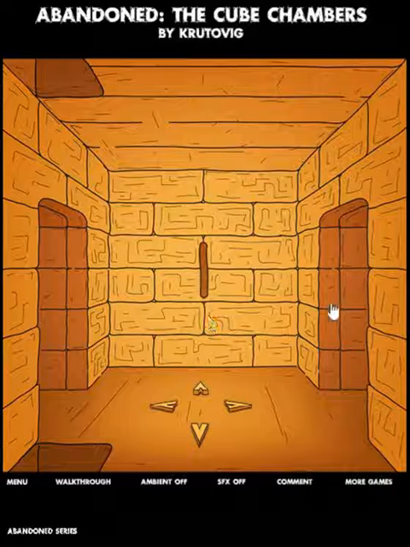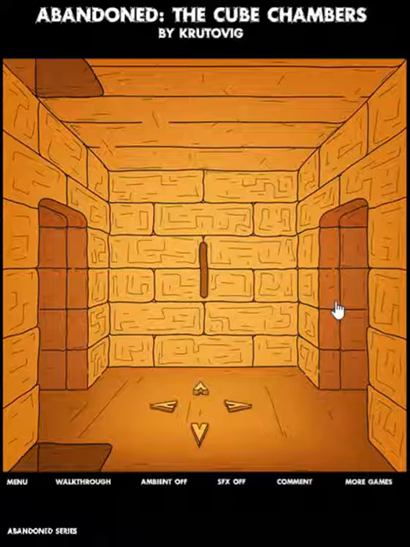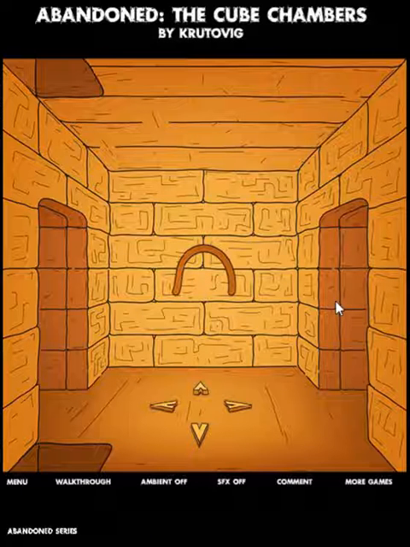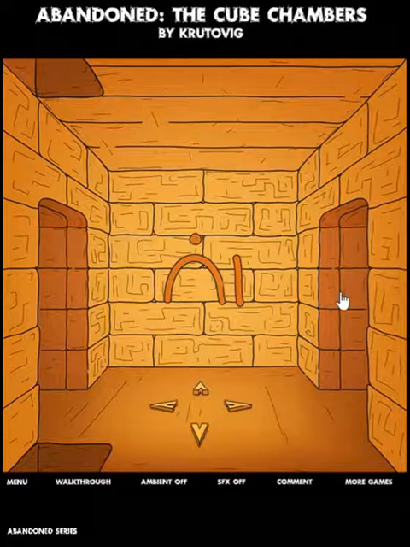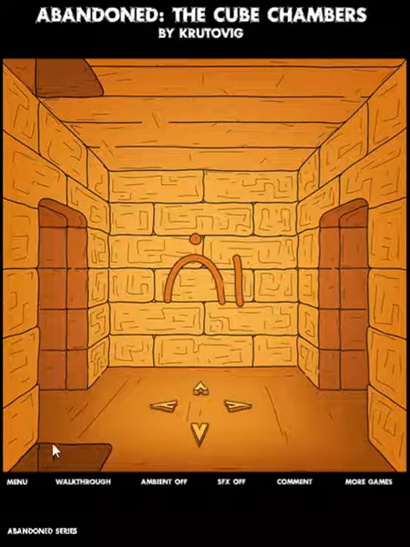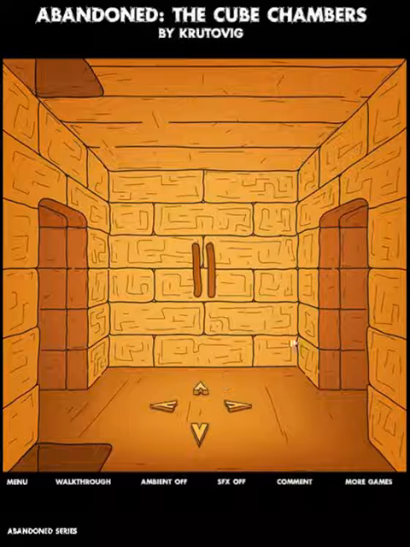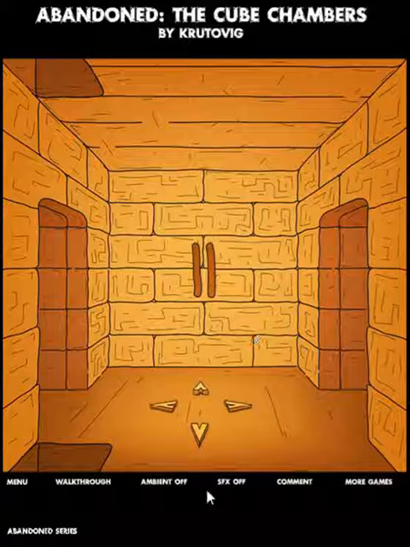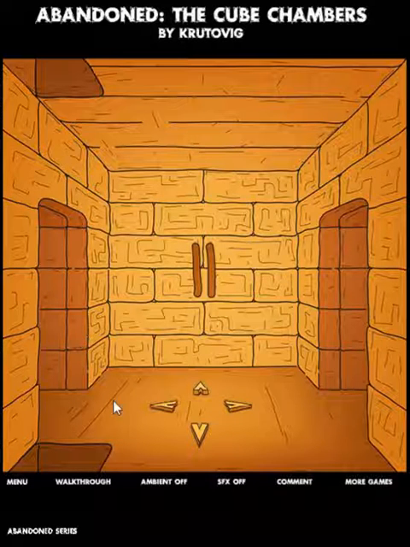The next thing I want to do is move the 2, which is right here. Now I have to get him next to the 1, and I can just do that by moving things around.